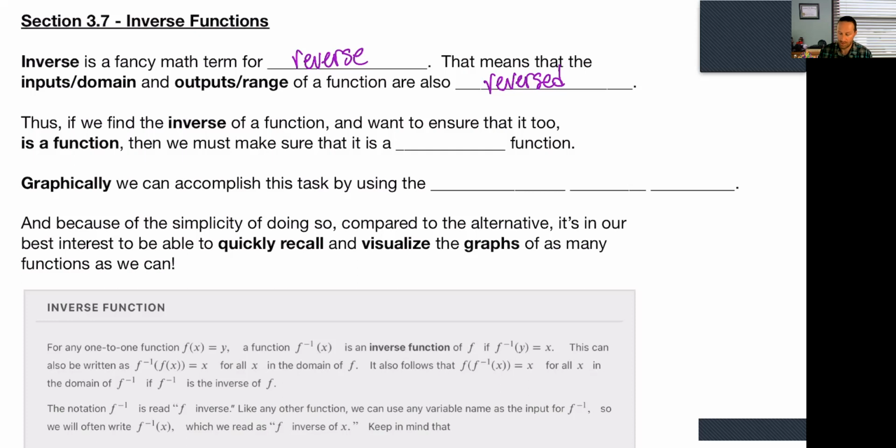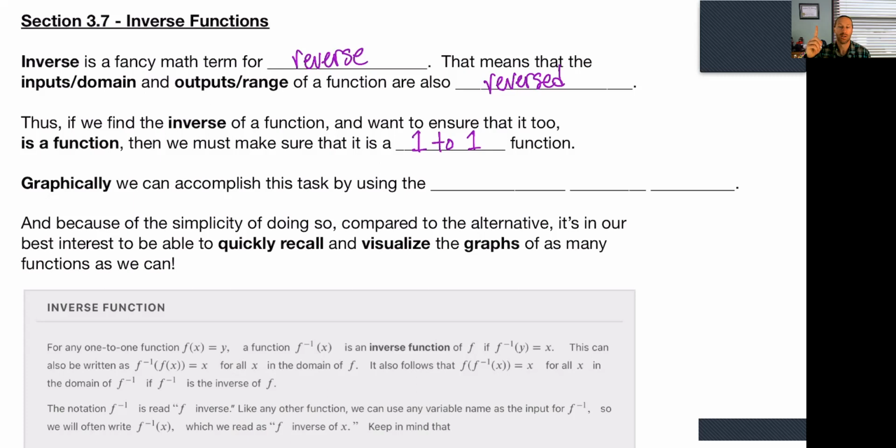Okay, so as you can see in the next line here, if we find the inverse of a function and we want to make sure that it also is a function, then we got to make sure that it is what is called a one-to-one function. Meaning that if I put one thing in, I only get one thing out.